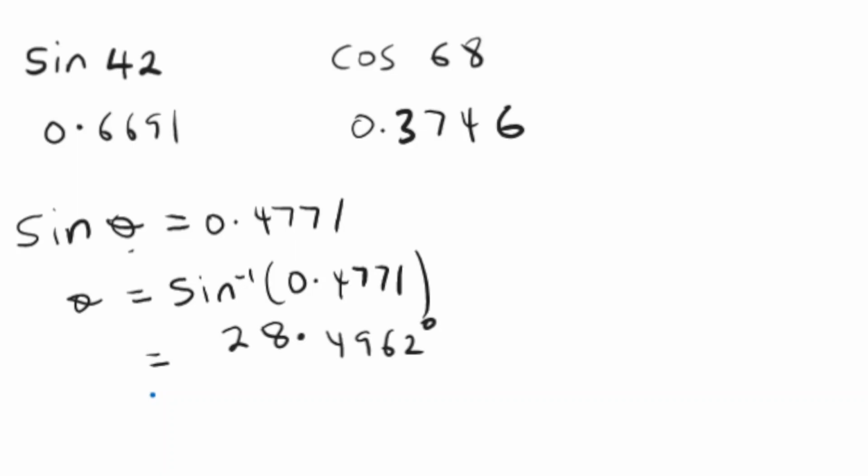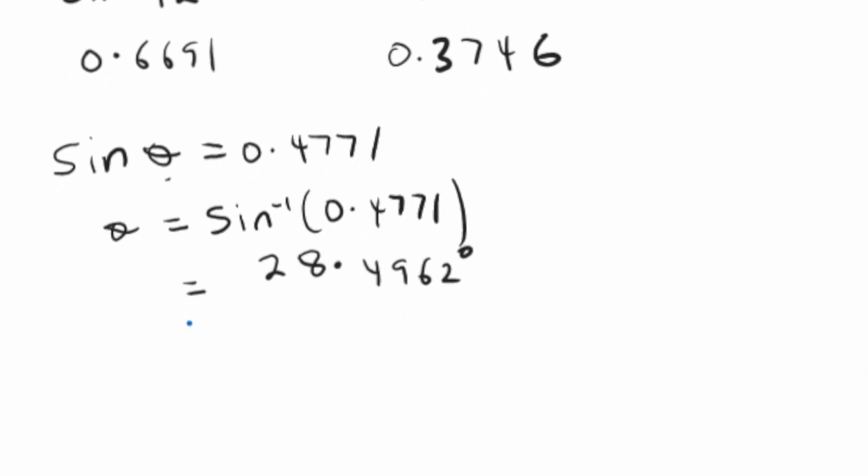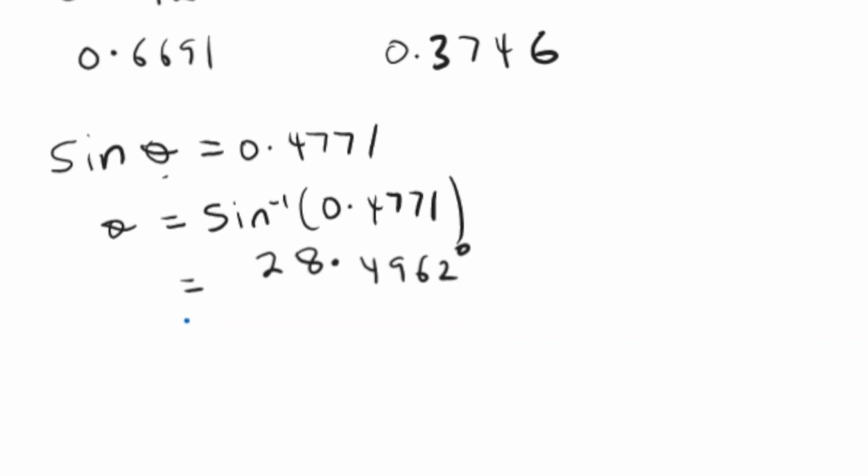You know that we're getting this from opposite over the hypotenuse. So it is the same way if you have, let's say, a triangle. This is not perfect, but let's take it later.